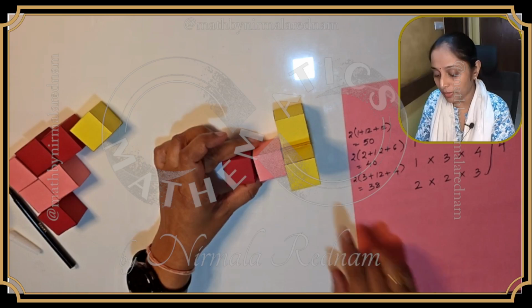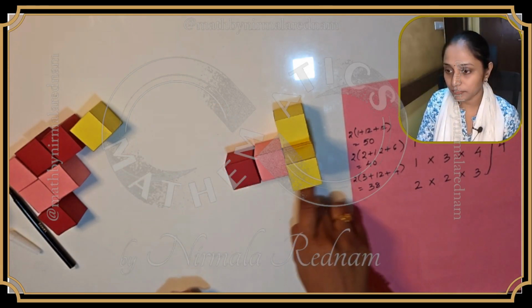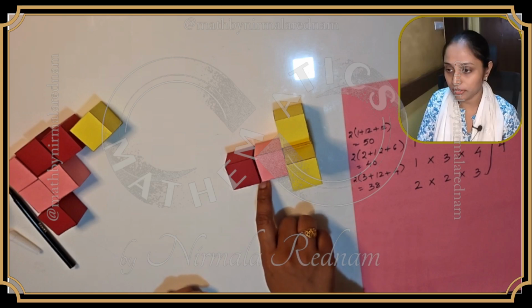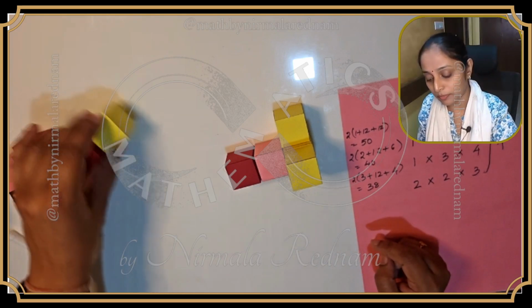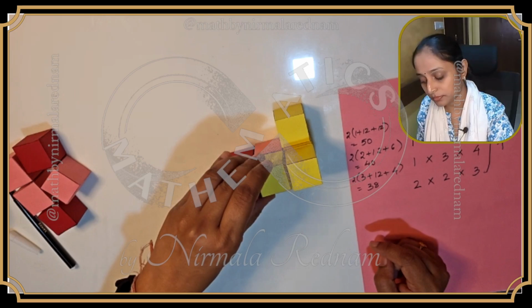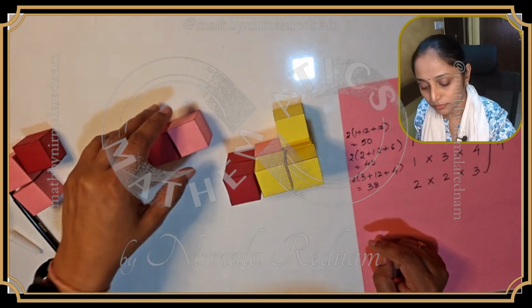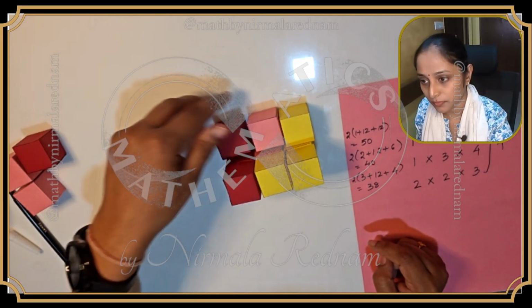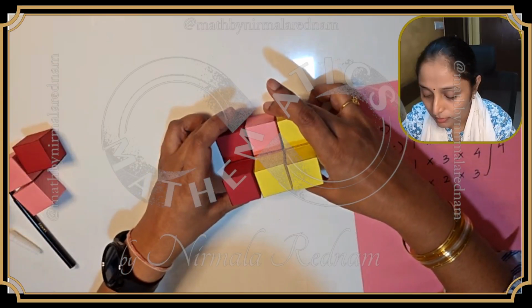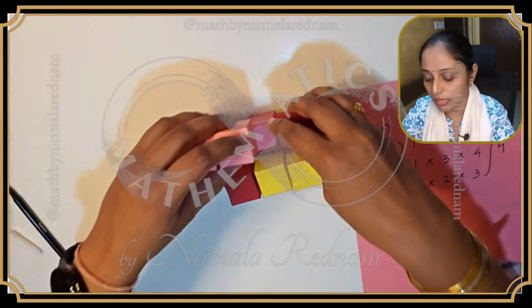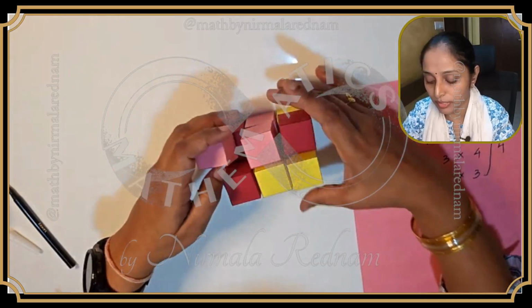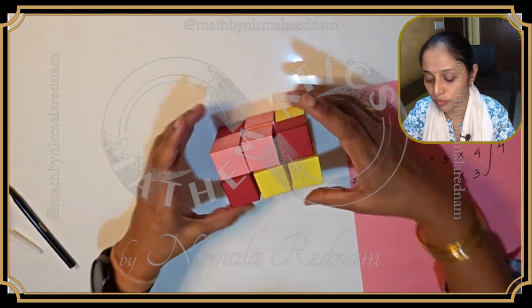And then this dimension is 3. Now, I'm going to fill up the gaps. So, this is the fourth and final possibility of a cuboid using 12 cubes.